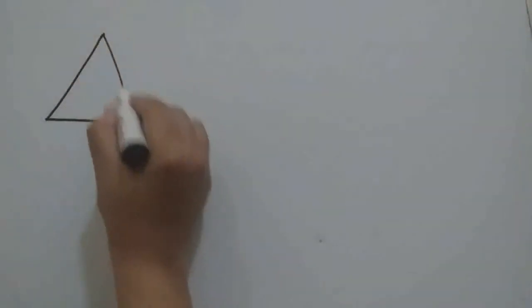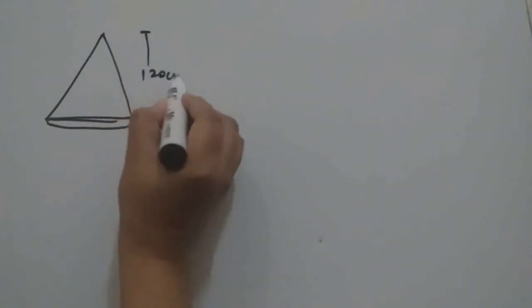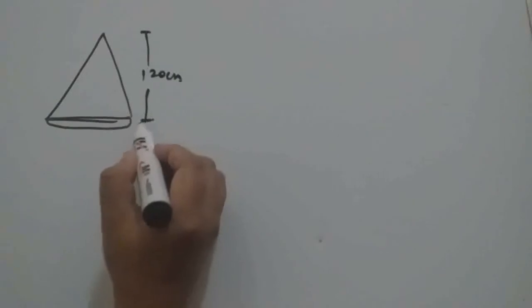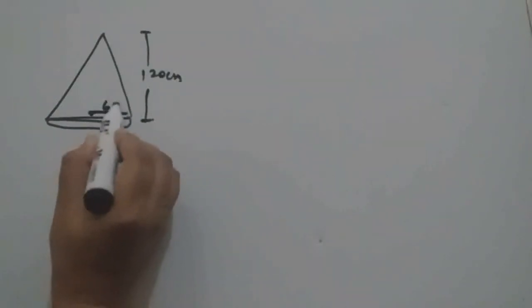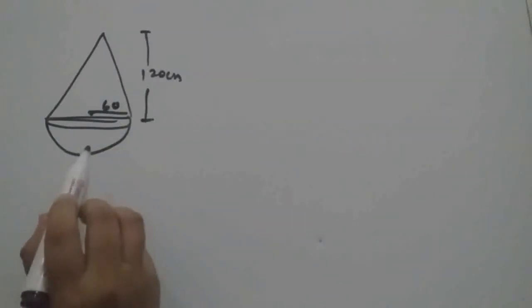Question number 7. It is given that a solid consisting of a right circular cone of height 120 centimeter and radius 60 centimeter is standing on a hemisphere of radius 60 centimeter.